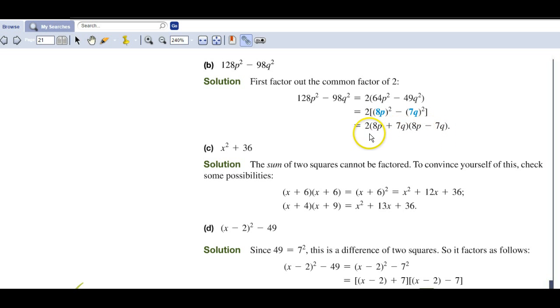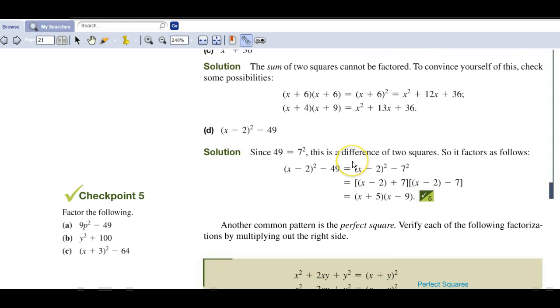But don't forget, the 2 is part of that factorization. Now here we see not the difference of perfect squares, but the sum of perfect squares. These cannot be factored. Only the difference of perfect squares.